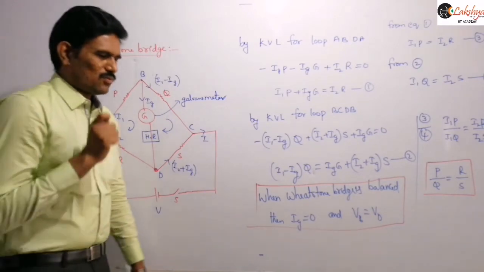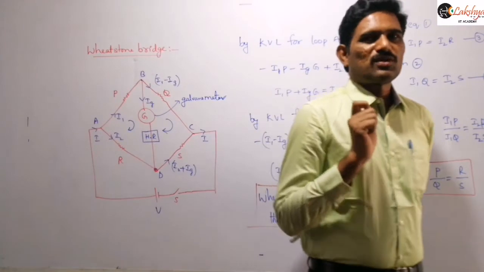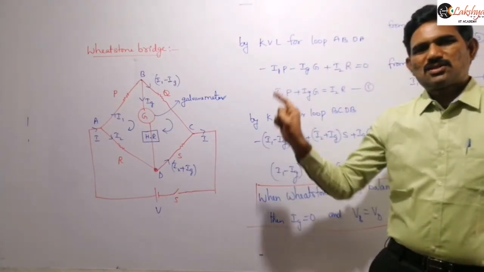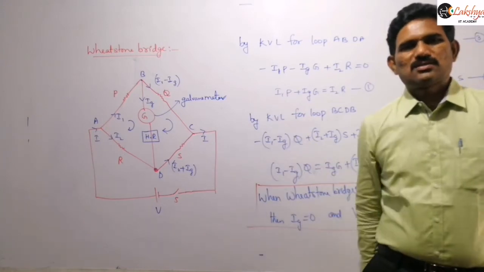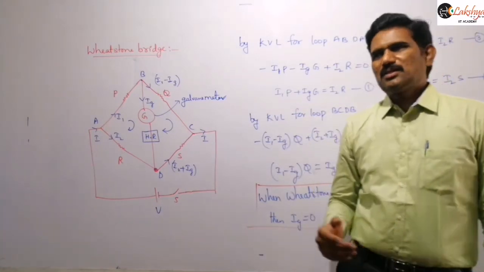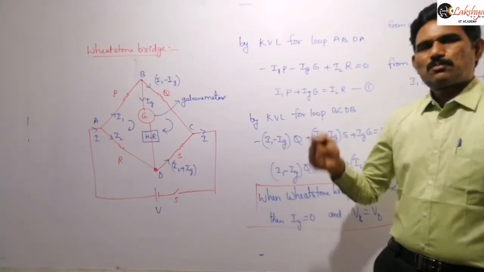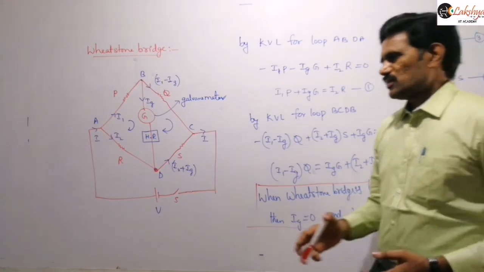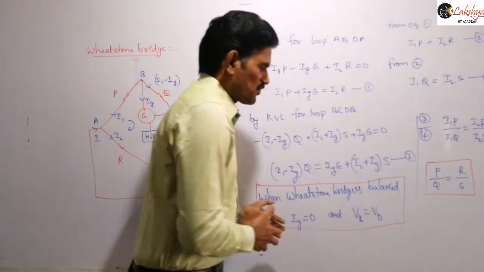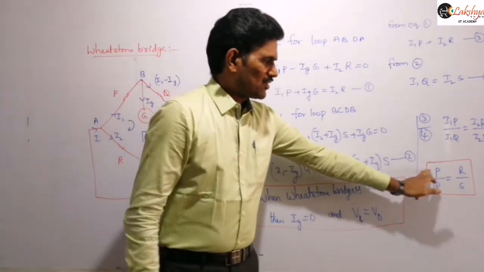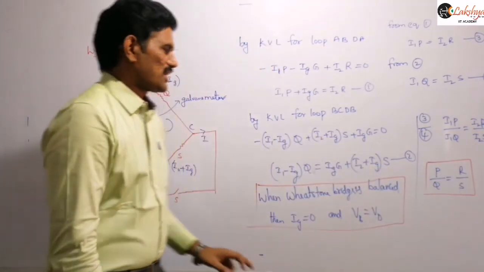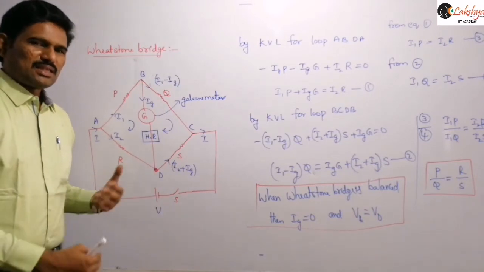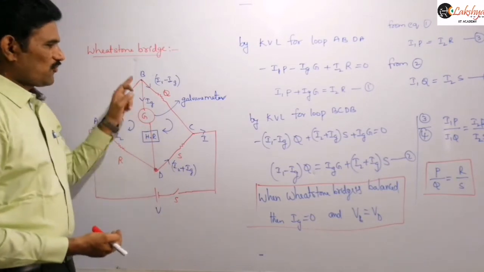So now is it clear what the balanced condition for the Wheatstone bridge is, or what the basic principle is? Simply, no current should flow through the junction from B to D, right? That is nothing but the potential of point B and the potential of point D must be the same. That is possible when P by Q is equal to R by S. When the ratio of these two resistors is the same as the ratio of these two resistors, then automatically no current will flow through this resistance here.